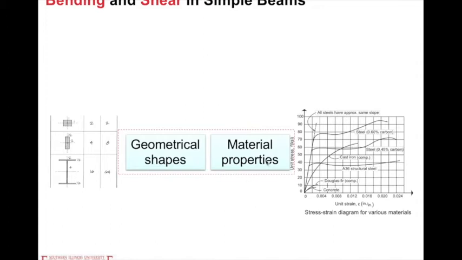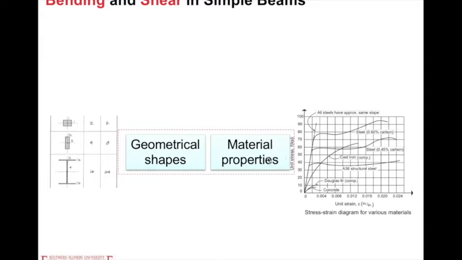On the other side, we talked about the material. For the same cross-section shape, if we use different materials, they will show different stress and strain relationships as shown in this diagram.